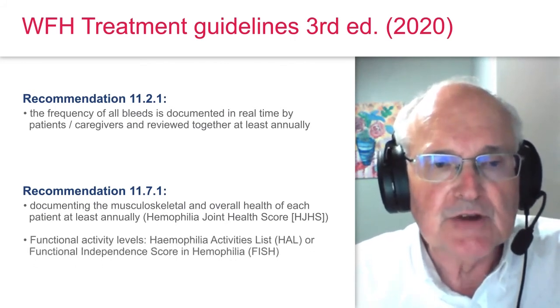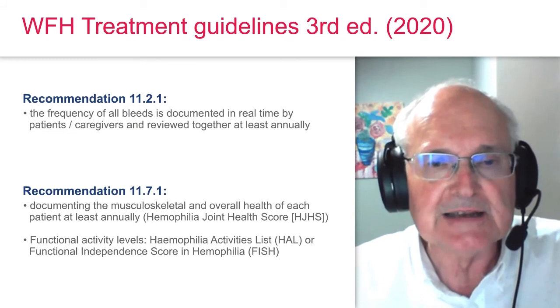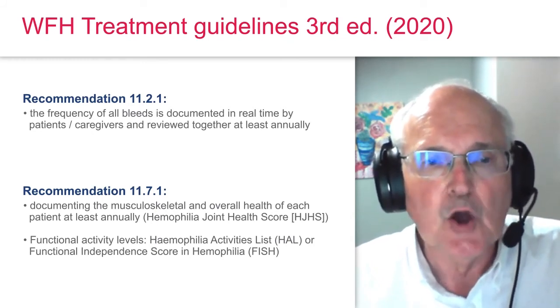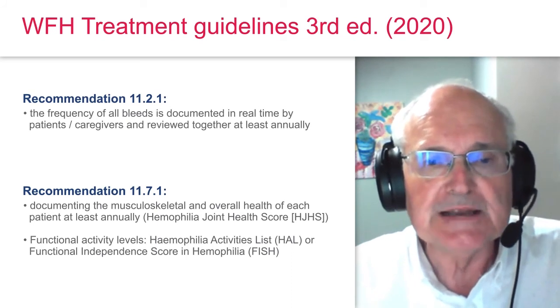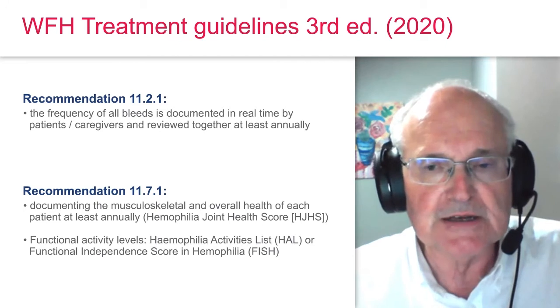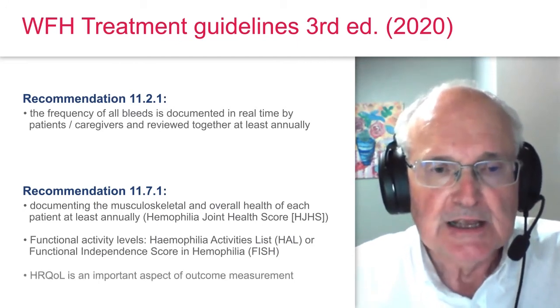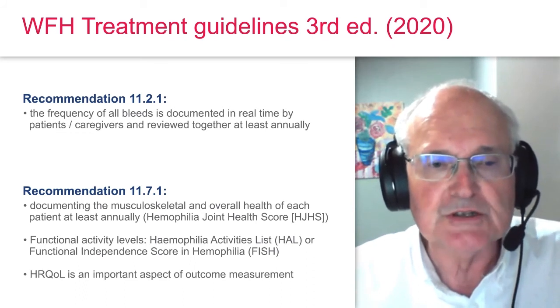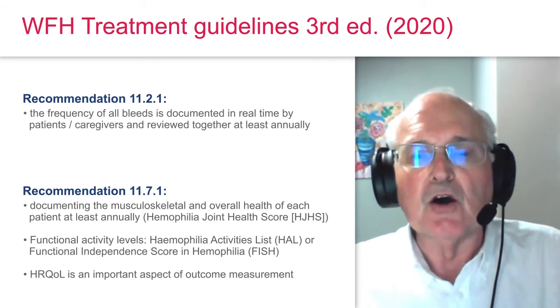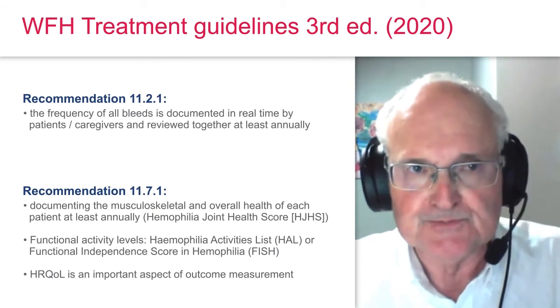Secondly, it recommends that we collect functional activity levels, like the Hemophilia Activities List or the Functional Independence Score in Hemophilia. Both these are available on the WBDR. And lastly, it says that patient-reported quality of life is an important aspect of outcome measurement.